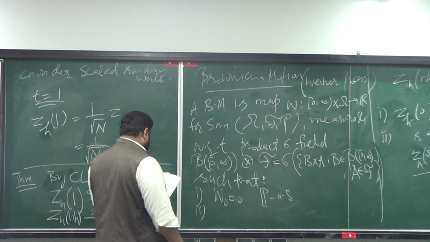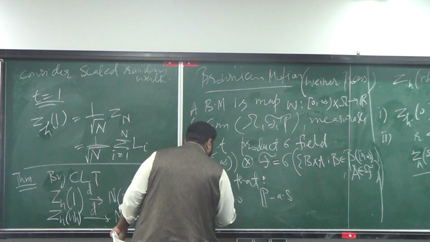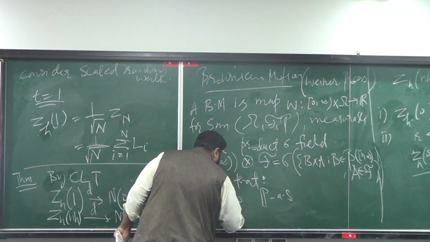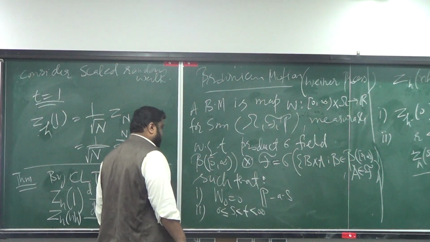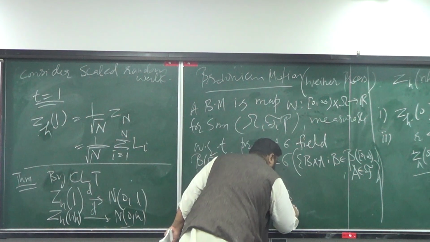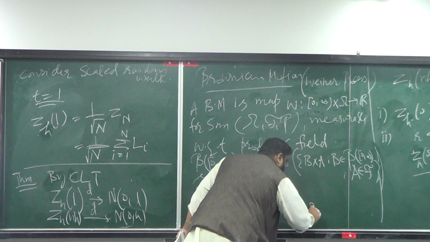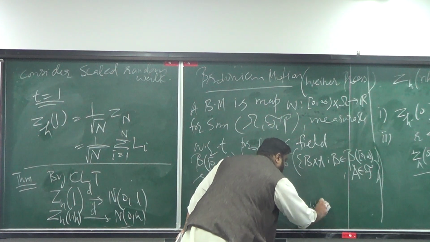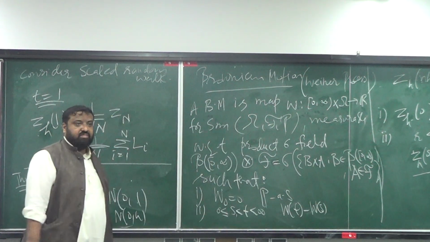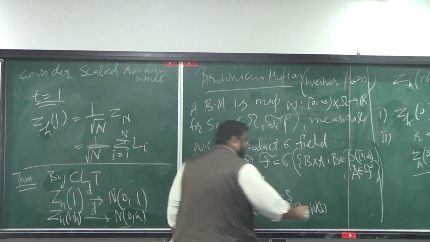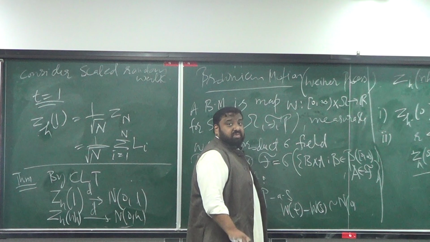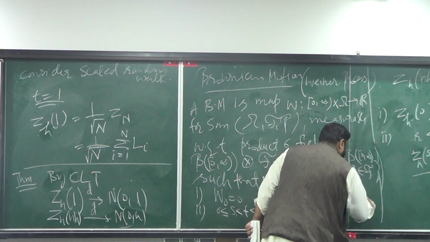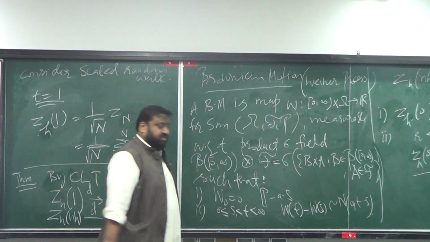Second, for two finite instants s and t, the distribution of the increment is a normal distribution with mean 0 and variance t minus s.